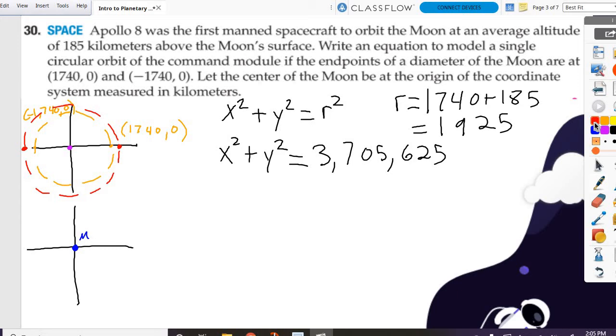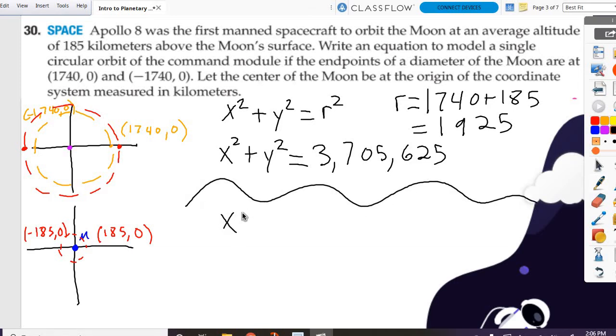So then the only thing I have to worry about is that I need my orbit, we said, to go 185 kilometers. So this would be 185, 0. This would be negative 185, 0. And this would be my orbit around my moon. So they're kind of under the same assumption.